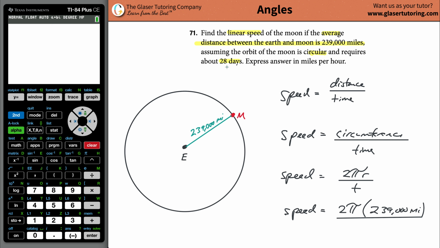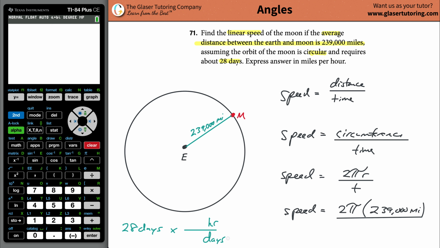So take your 28 days and figure out how many hours that is. Whatever unit you start with, you want to put on the bottom: days. In order to make this conversion, I need to know how many hours there are in a day.